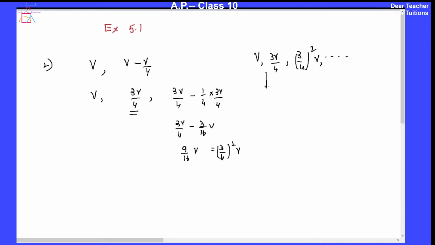Now these two differences are not the same. You can easily say the common difference is not the same. Therefore it is not an arithmetic progression. These numbers do not make an arithmetic progression.